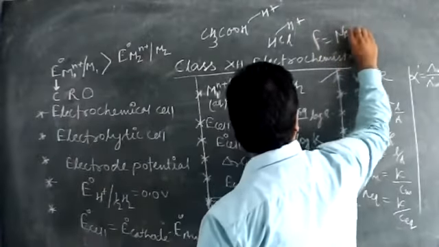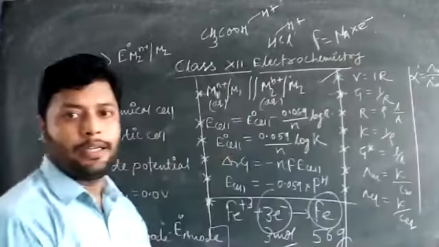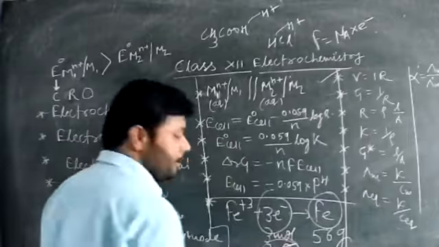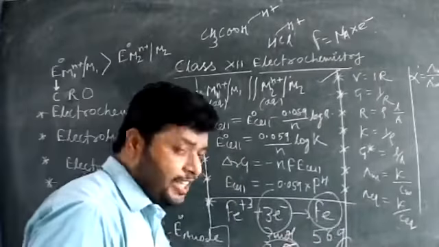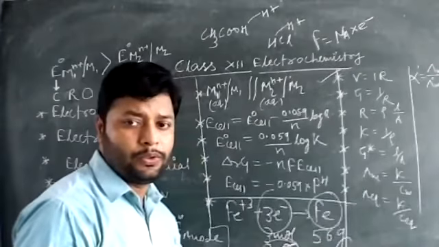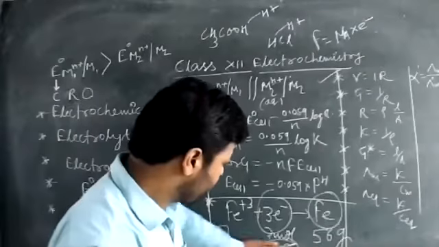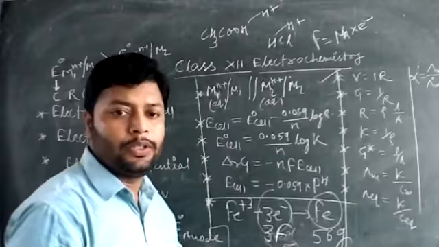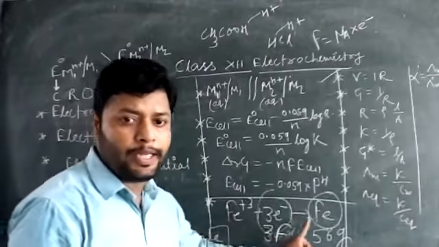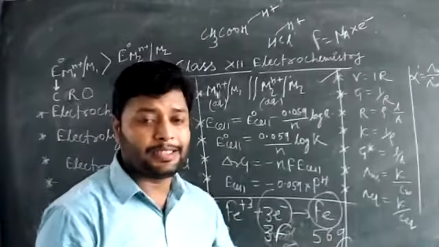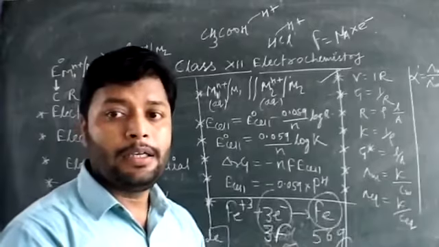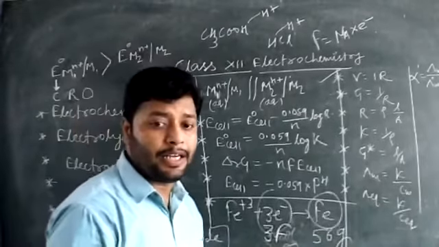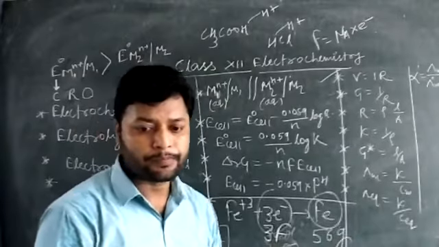Avogadro number times e. So there will be 3 Faraday. Simply you can say, when 3 Faraday of charge passes through the electrolyte, we can get 56 gram of iron on the electrodes.